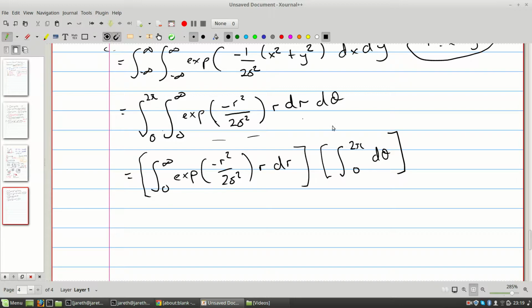And this will just evaluate to 2 pi. So we're actually done with this integral over here.